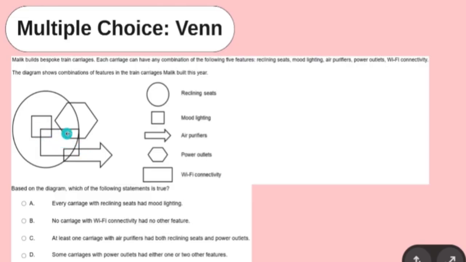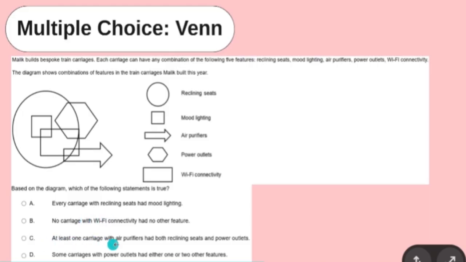So we've got that rectangle here, and it's within all the shapes. So they had air purifiers at one point, they had power outlets at another point, they also had mood lighting at another point. So B would be true. But just to make sure, we're going to quickly go through C and D. But yeah, B was correct.